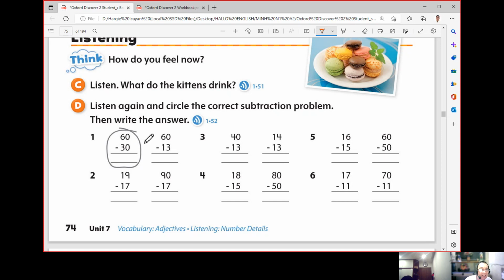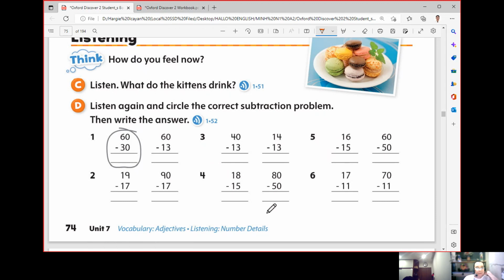Okay. Now let's listen again and observe. Which do you think would be the correct subtraction problem? Number one has been given, so this one is correct. Let's try to do the second up to sixth.